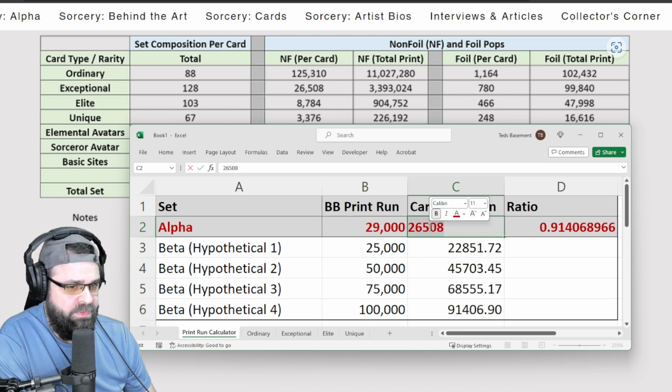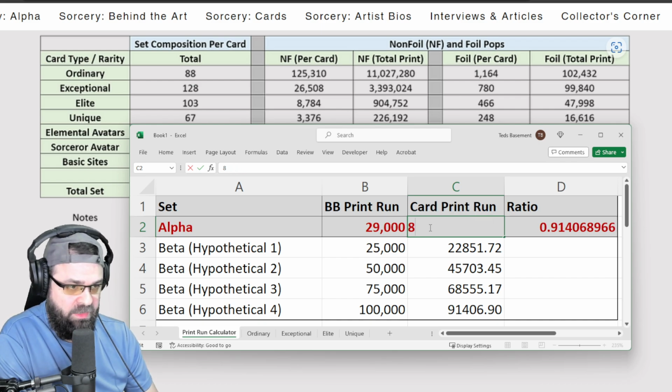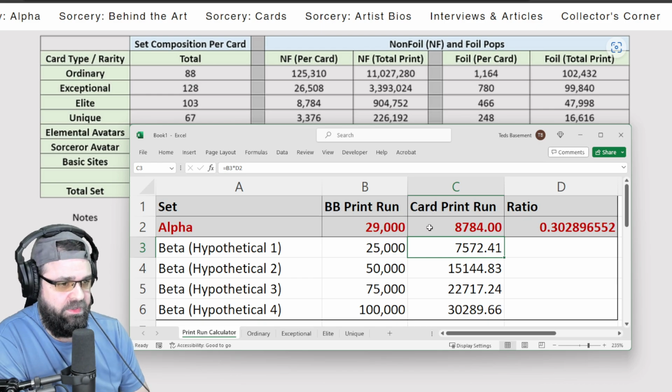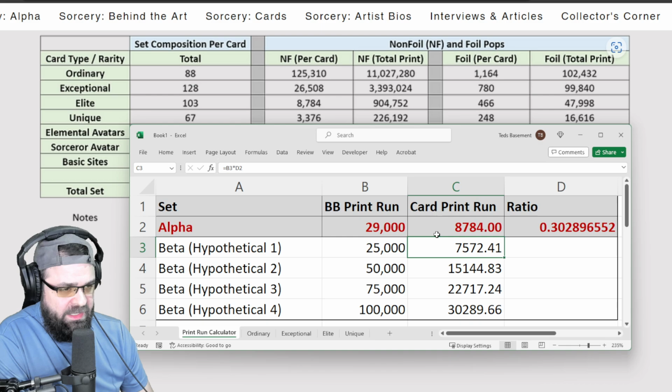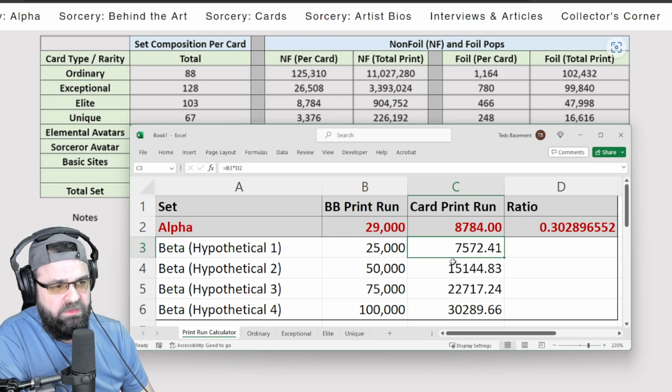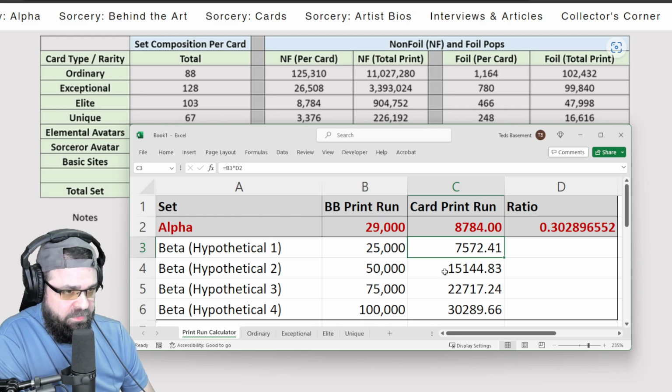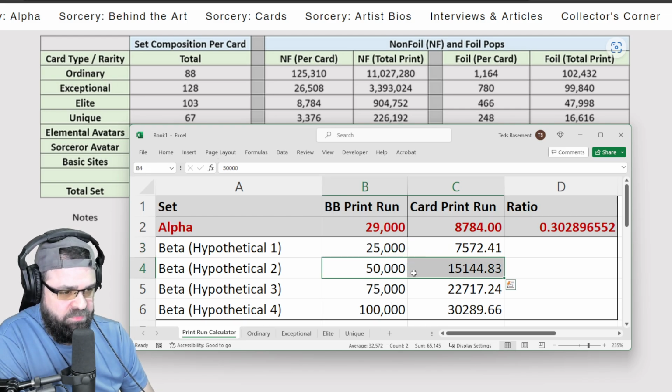Let's drop the elites in. Okay, now we're starting to get back to that sort of mildly rare. We've only got 8,700 non-foil elites in Alpha per card. So at 50,000 booster boxes, there's 15,000 available.